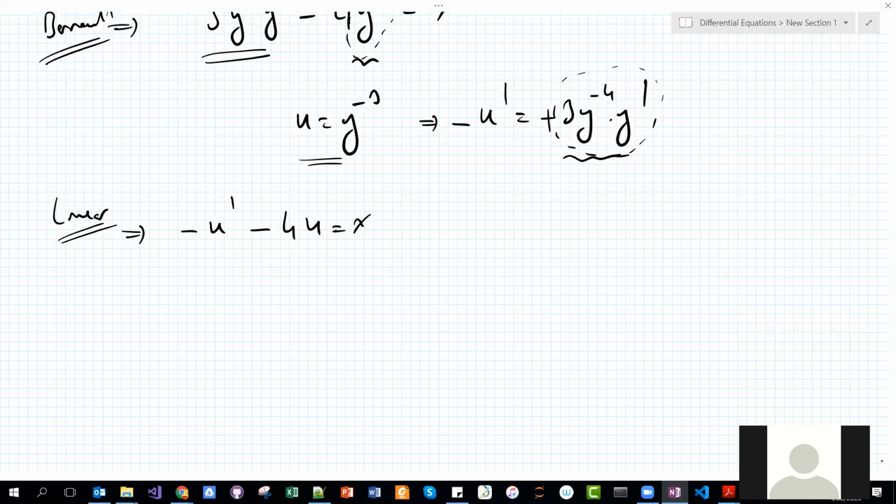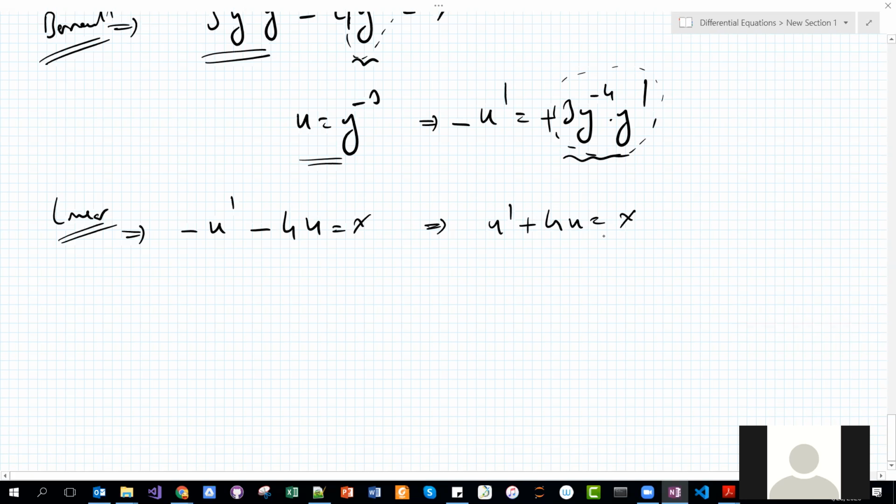If you remember, that was the purpose of using the substitution. Any questions so far? I just used the substitution to get the linear equation. The rest is just the linear equation solution, guys. It is going to be u prime plus 4u equals x. This is the standard form I need.